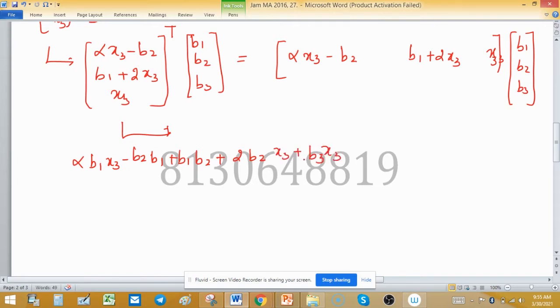So this is the value we obtain after multiplying the row vector and column vector. So this is alpha b1 x3 minus b2 b1 plus b1 b2 plus 2 times b2 x3, and what is the value of b3?